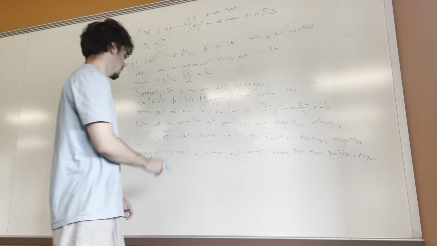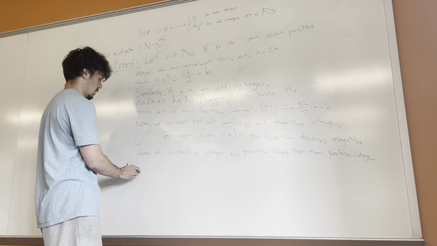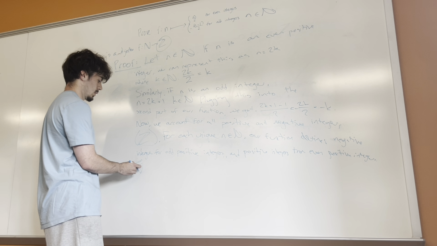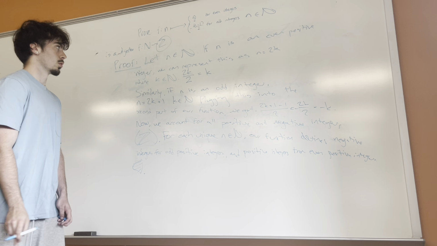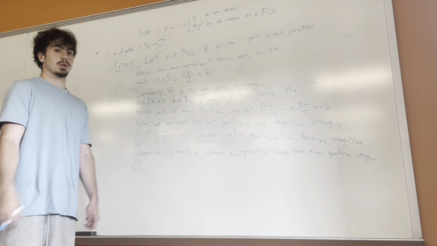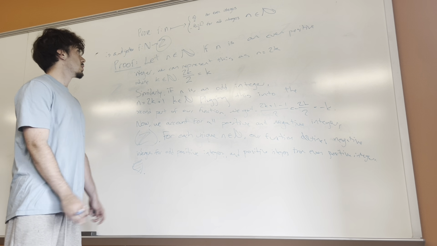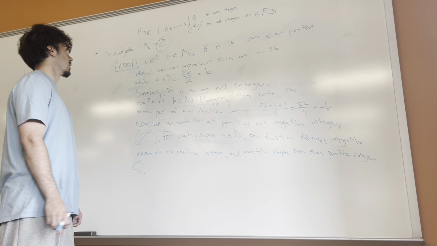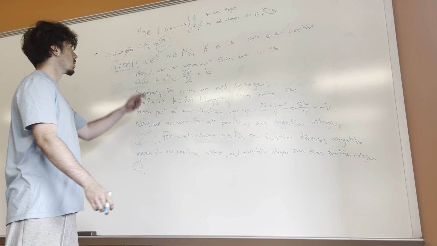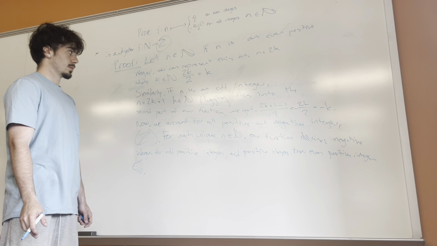So it's the end of our proof here. We have accounted for both parts of Z, negative and positive integers, by considering the even and odd parts of N. And this is our proof here.